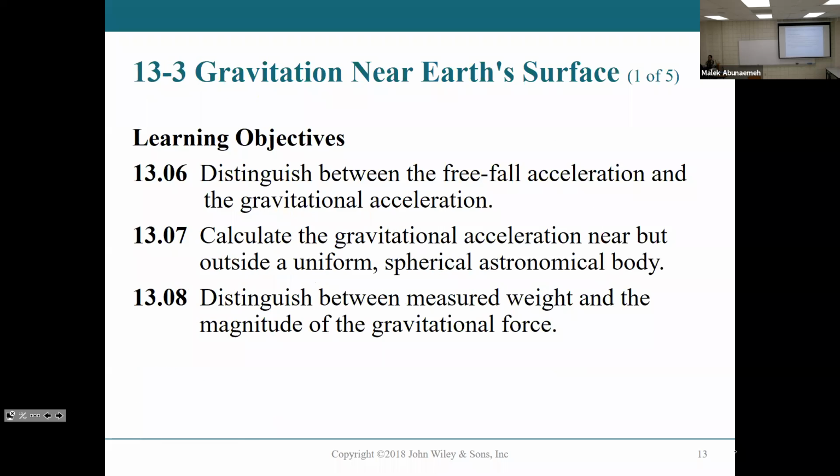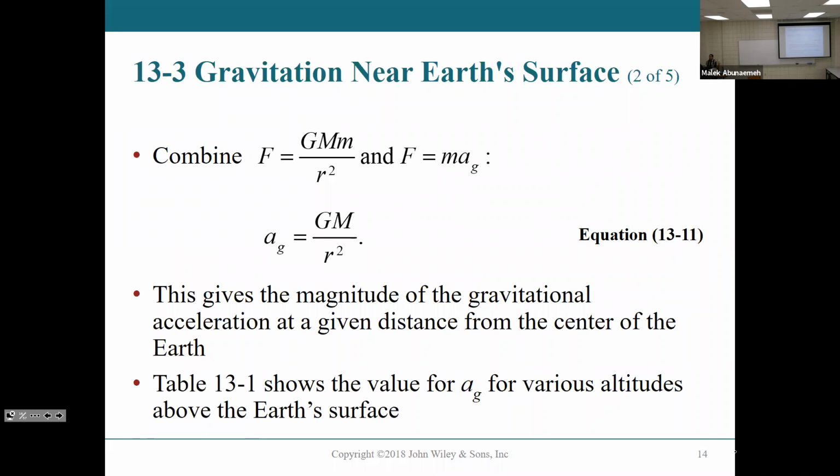Now your gravitational acceleration, where F equals mass times gravity, is going to be your gravitational constant multiplied by the mass of the Earth, divided by the radius of the Earth squared.